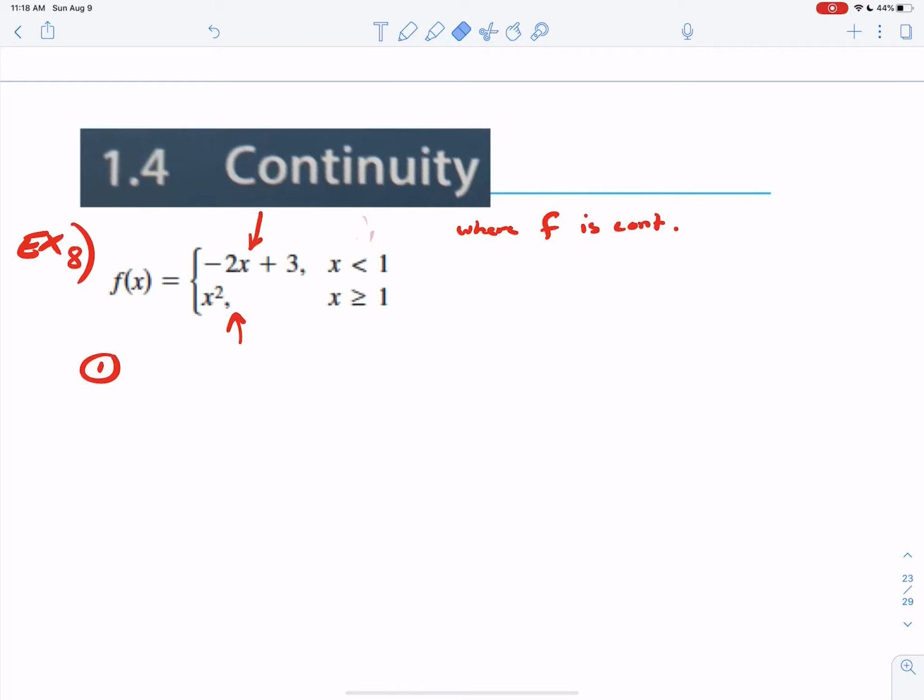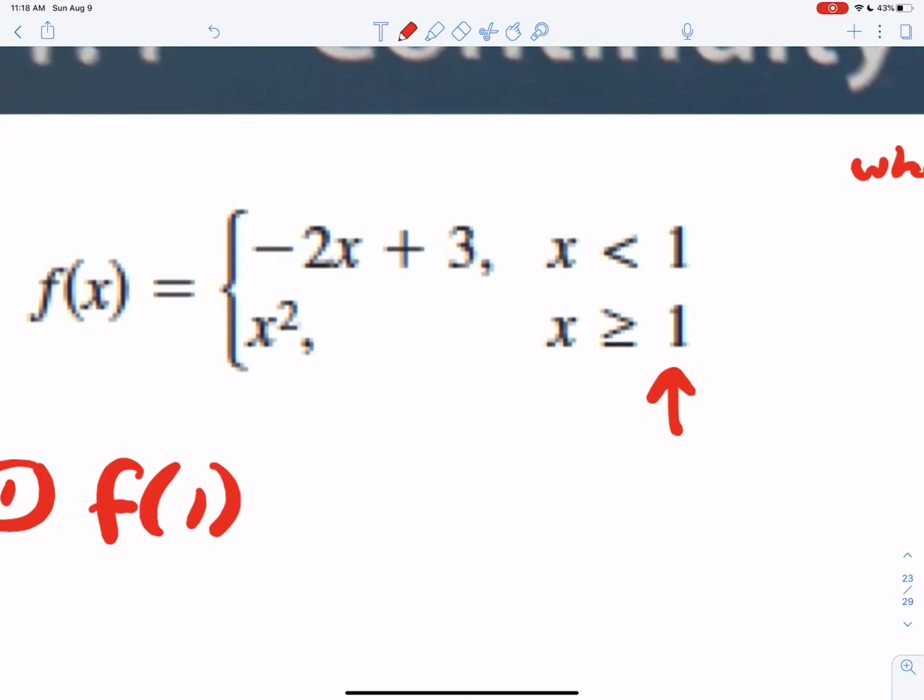So remember, a piecewise function could be a function that's broken up into pieces, right? And we don't know whether the pieces are connected or not connected. And where we're questioning it is at 1 here. So what we're going to do is we're going to try to figure out if f of 1 is defined. So think about this. When x is exactly 1, which function are you working with here?